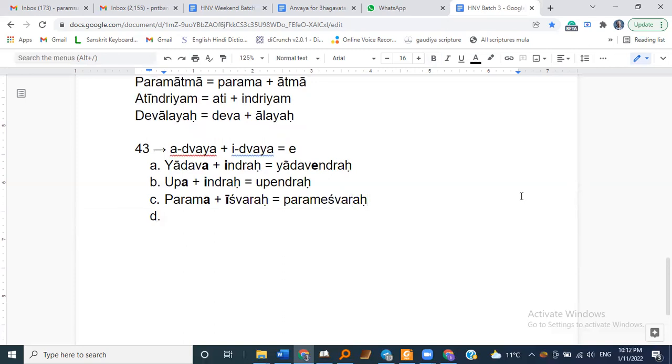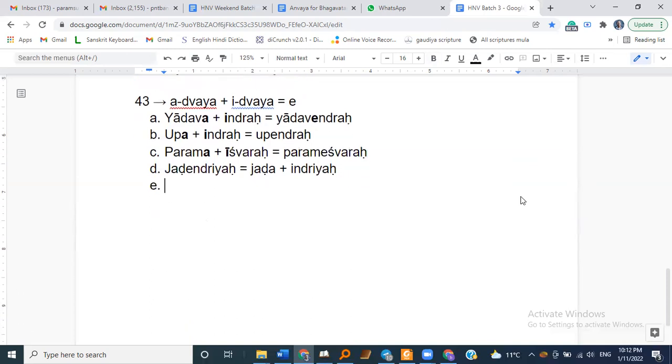Yeah. Any more examples? Jadendriya is one. What are the two words? Jada and Indriya. Yeah, Jada Yukta Indriya. Yeah, anything else? Rameshwara.